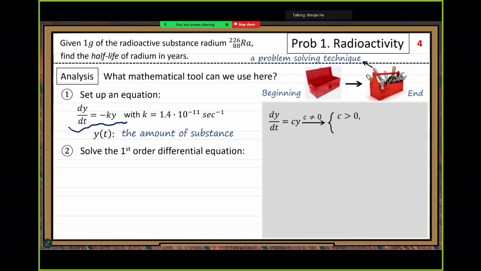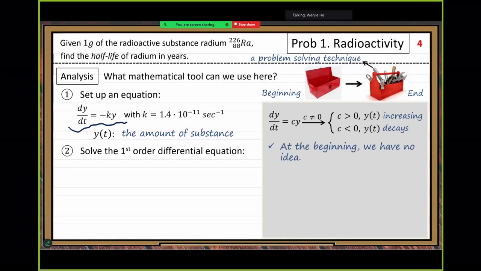When C is positive, then it's not decay, right? The derivative equals a positive number times the original function, so it is an increasing function. Negative, that's the decay situation.